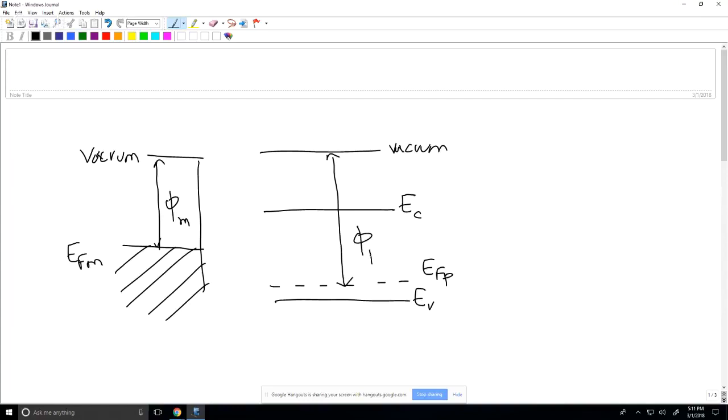This is again the work function of my p-type semiconductor. So now when I bring the metal and my p-type semiconductor together, I should form a junction. Phi P is greater than phi m. That junction is basically called a Schottky junction.